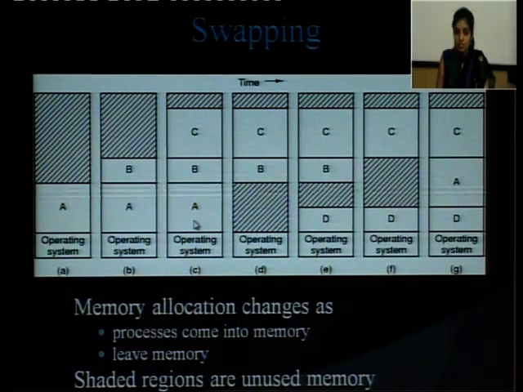A is the first process that came into memory, so we replace A with D. That means the memory now holds D, B, C.